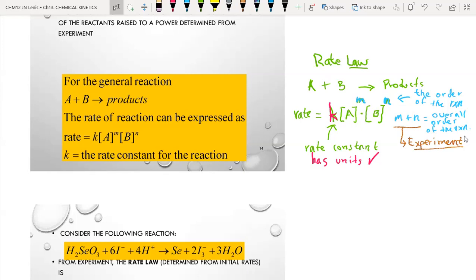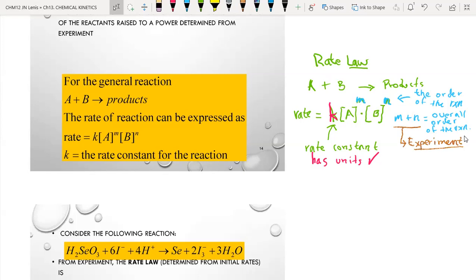And those are the orders of the reaction. But you need to remember, the only way you can get those numbers, these exponents, and therefore the overall order of the reaction, is through experiment only.